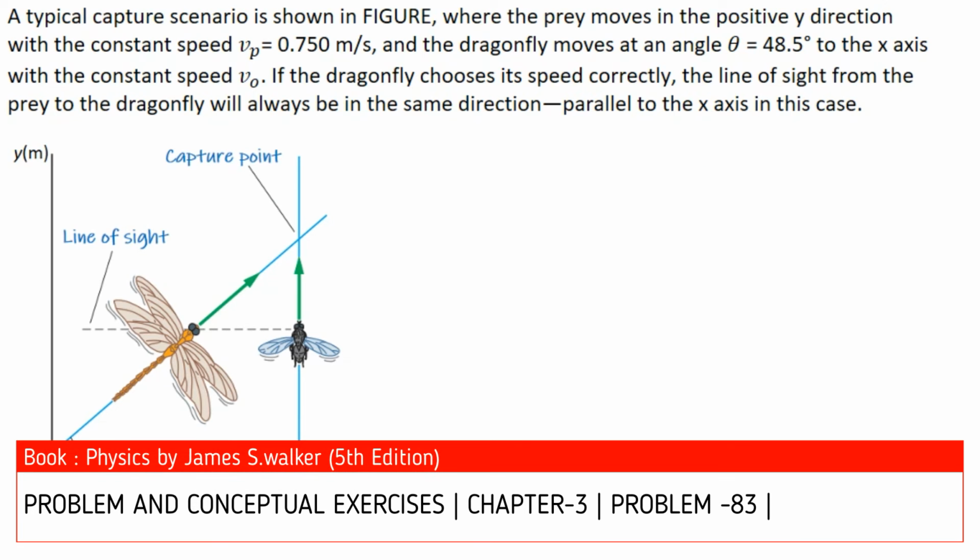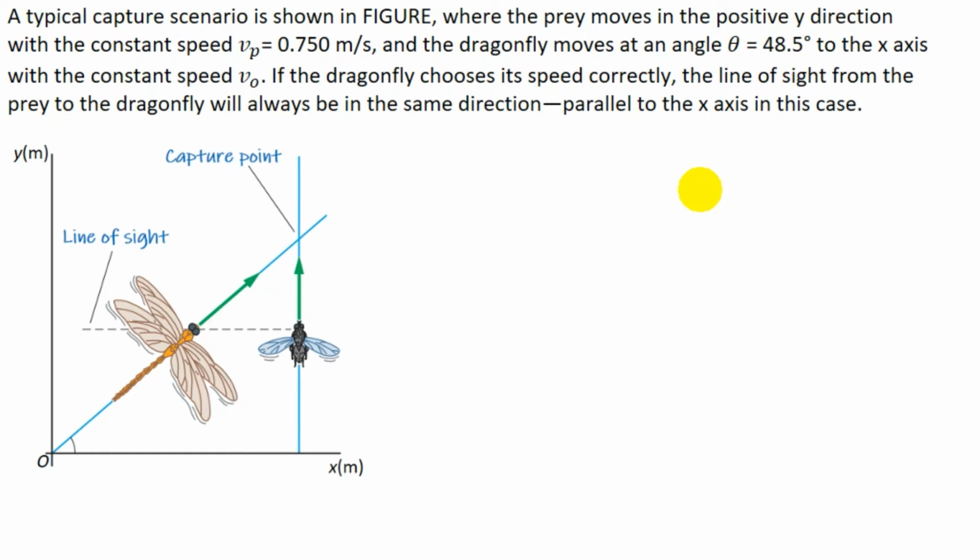Now we'll discuss a couple of problems which are based on this passage, as you can see on your screen. So first I'll make you understand what is all given in this passage, and then we'll discuss those problems. So we are given this figure, and here you can see this prey is moving along the positive y with a constant speed of 0.750 meter per second.